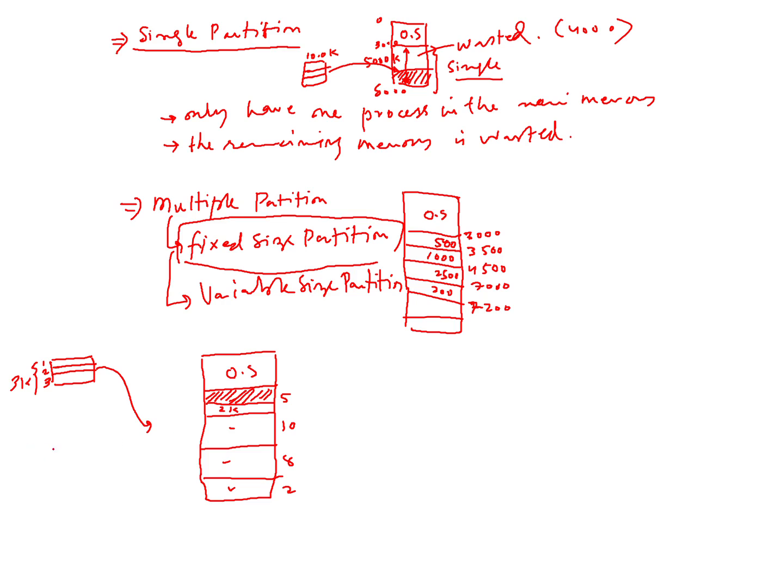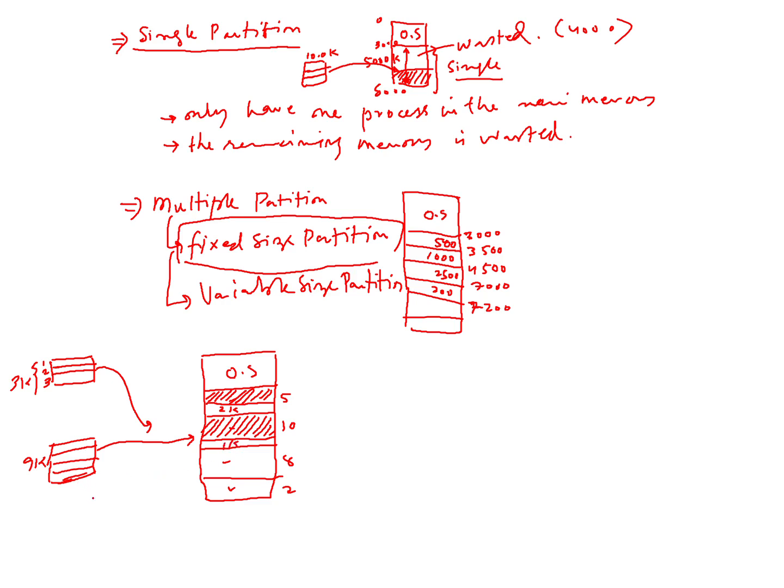Now suppose another process has arrived, and it is maybe 9k. Then this will be allocated here, and from 10k we have utilized 9k, but still 1k is remaining here.